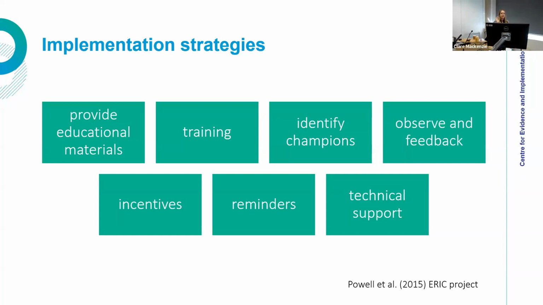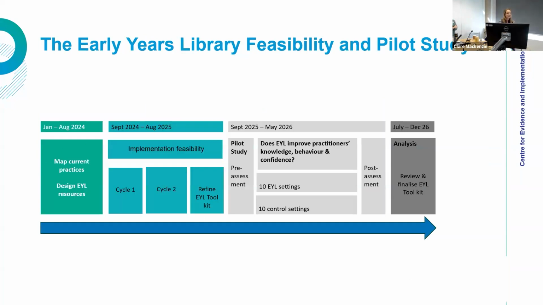I know we have heard about champions and about reminders and nudges and various other talks. But it's also important to make sure that you don't just pick these at random. The approach needs to be tailored and responsive to the local context, based on their own barriers and their needs that are identified in an intensive planning phase. I'll pass on to Sarah for the last couple of slides.